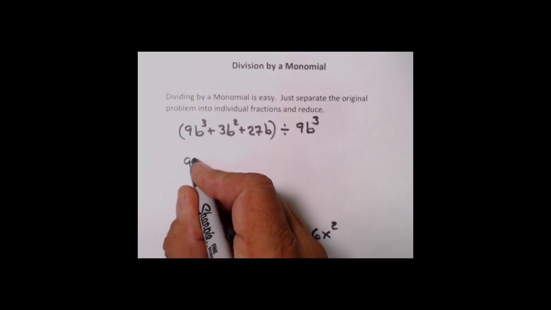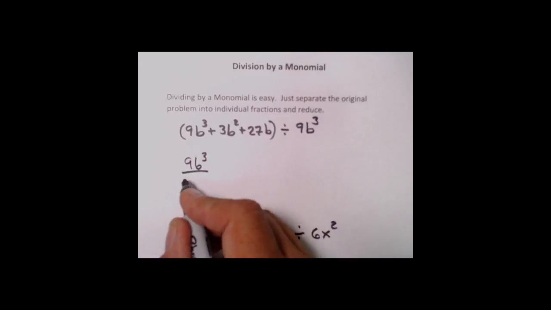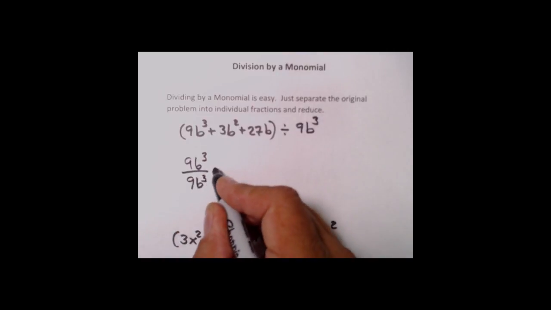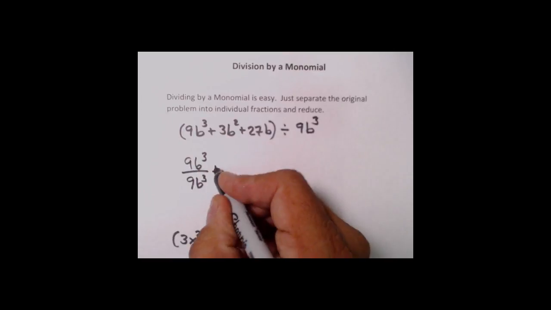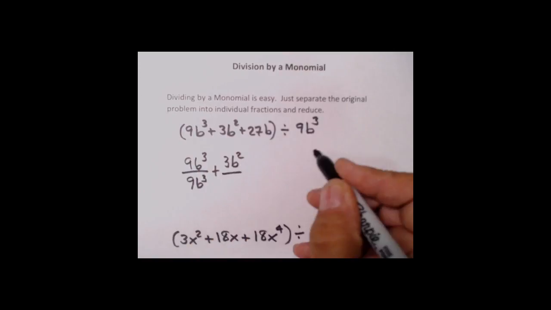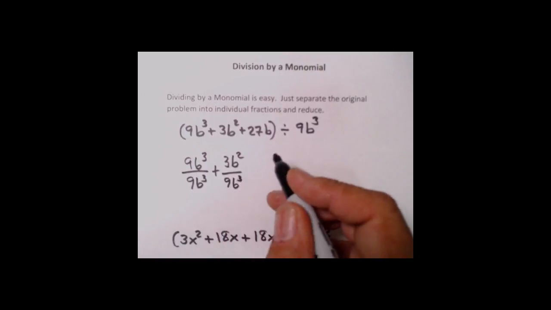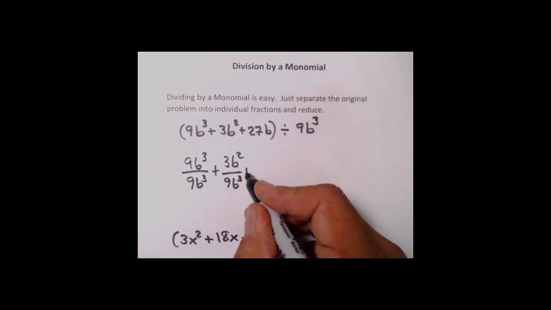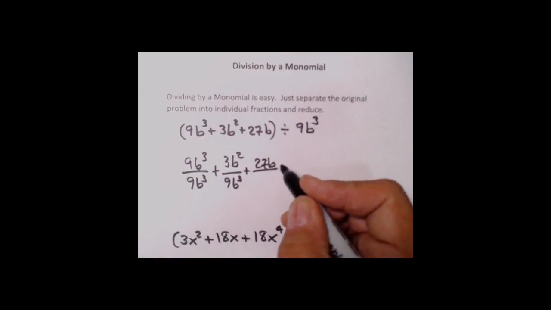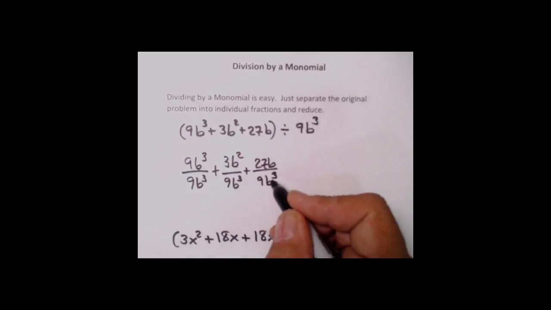So I've got 9b cubed over, well, we're dividing by exactly the same thing, so we know what that's going to be, plus, here's the plus sign, 3b squared, and again, we're dividing by the same 9b cubed, and then another plus, and then the 27b, and we're dividing again by 9b cubed.